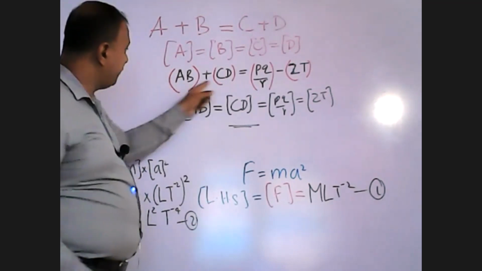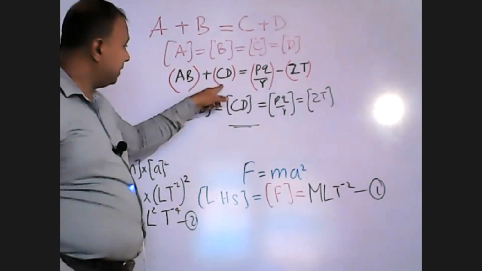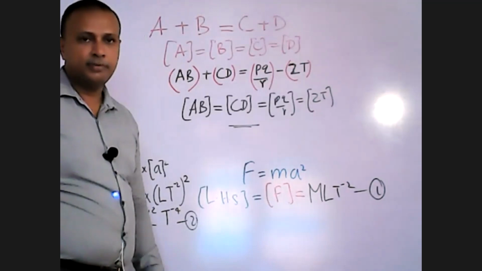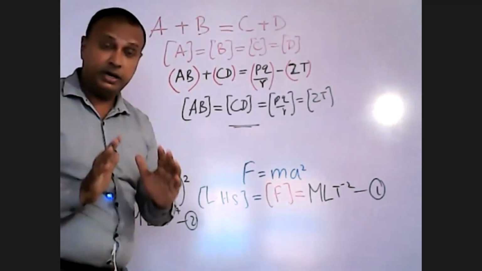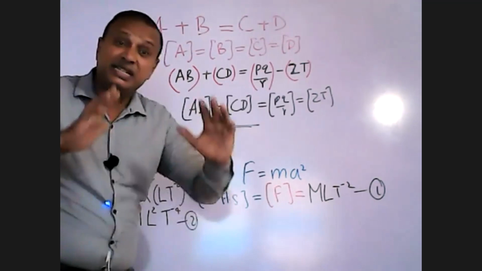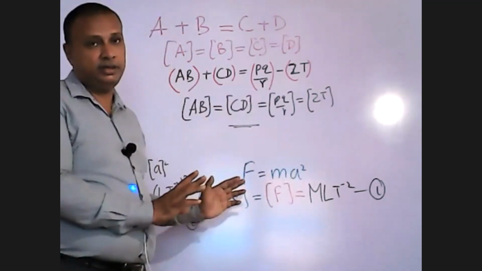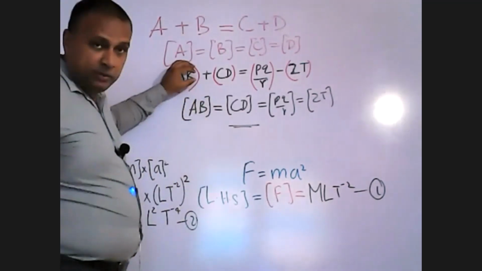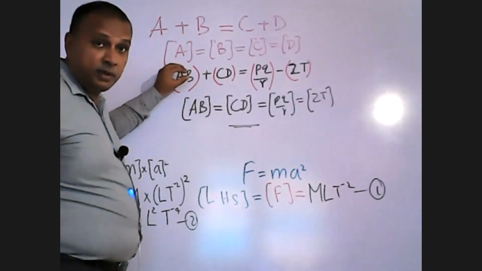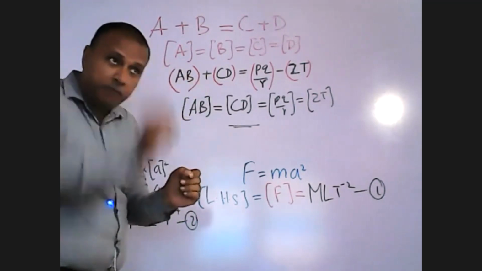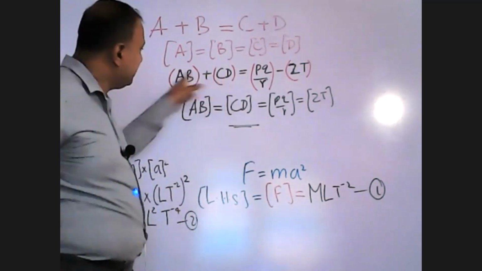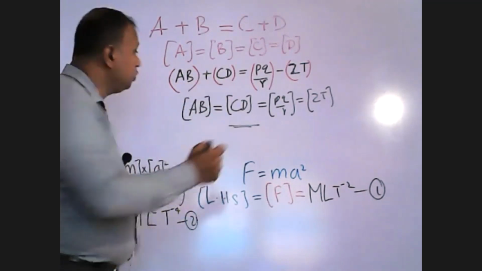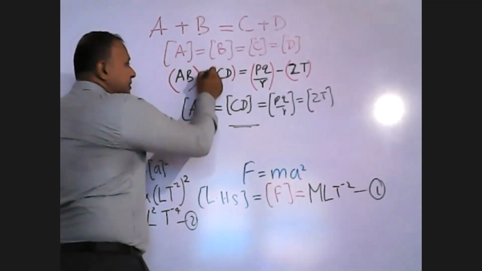If we are given this kind of expression, AB plus CD, PQ over R minus ZT, then the first thing we have to determine is what the terms inside this equation are. Terms are those things which are connected with plus or minus signs. So first you should identify these signs.